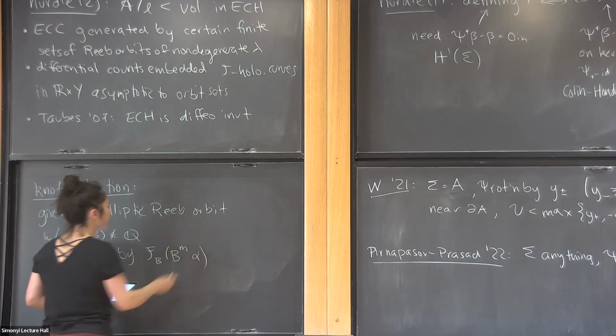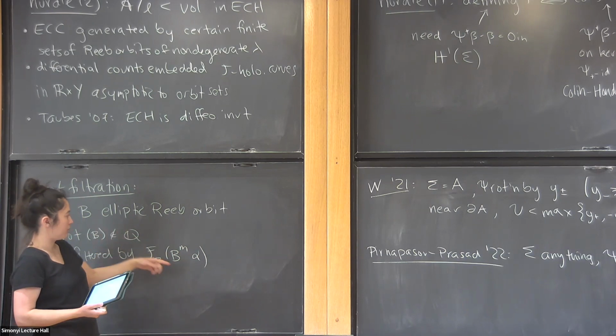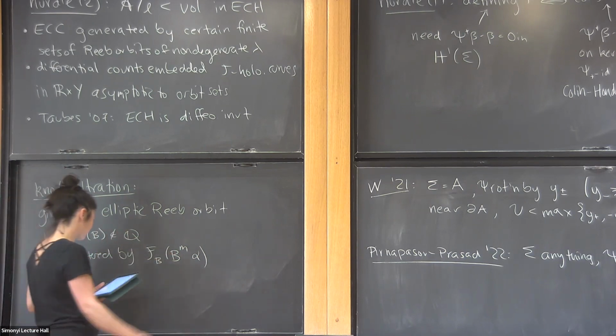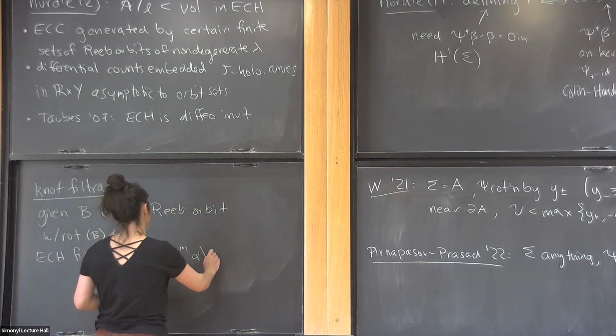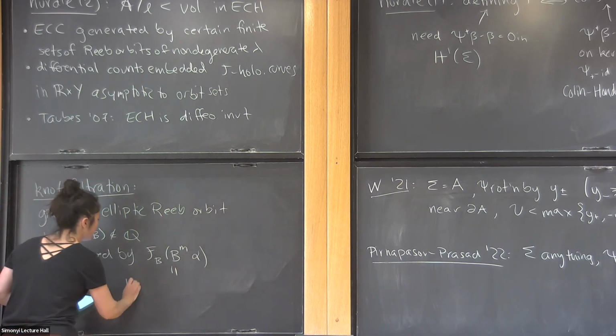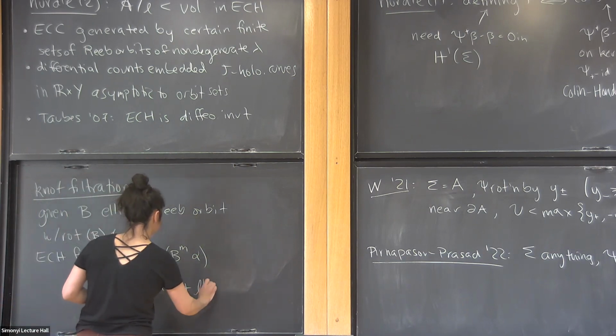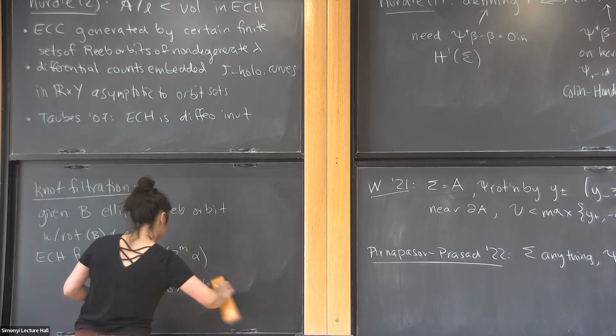Okay, so alpha is some set of Reeb orbits that doesn't include B, and B is itself M appearing M times. This filtration is defined as M times the rotation number of B plus the linking number with alpha.